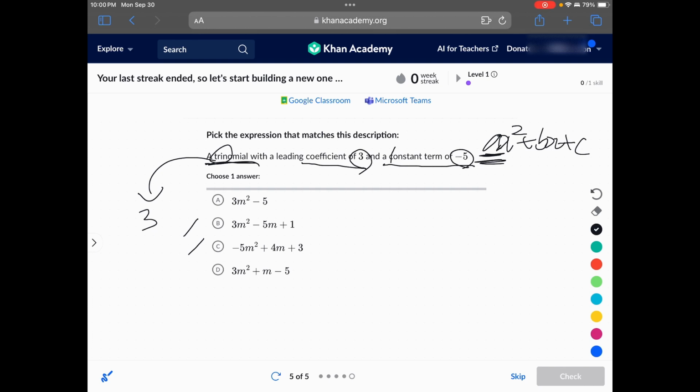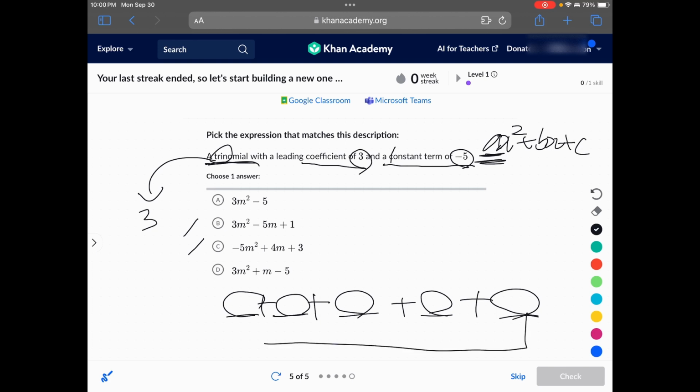When we call polynomial, that means there's so many terms, something plus something plus, and we add them up together. This we call polynomial.